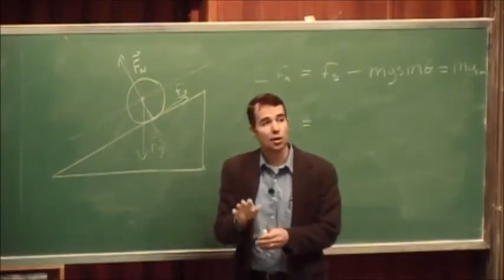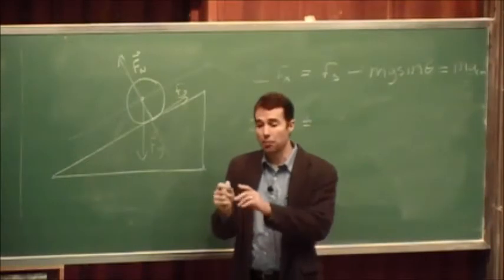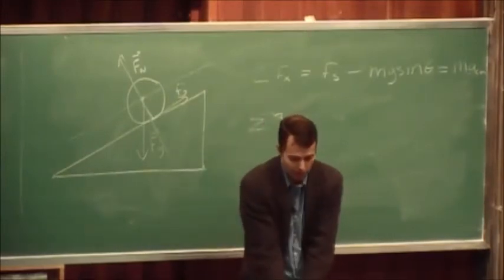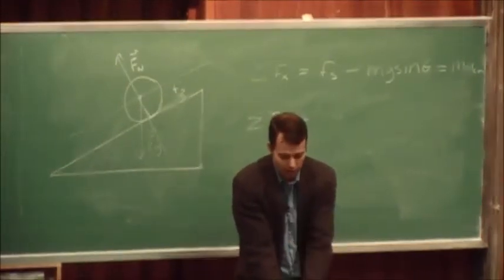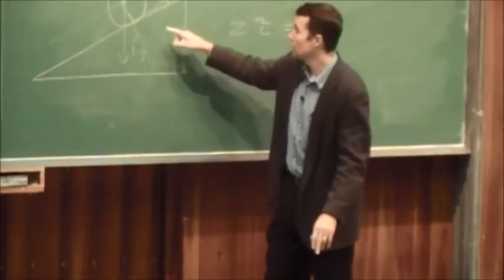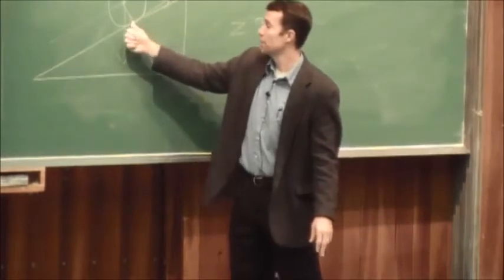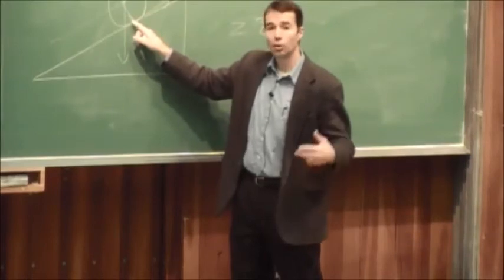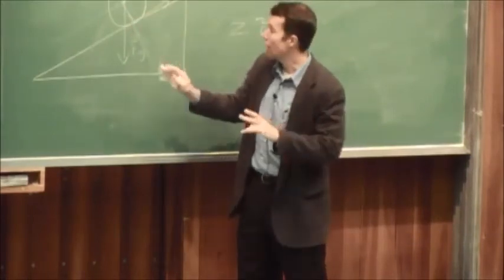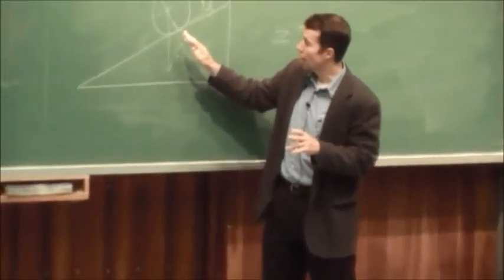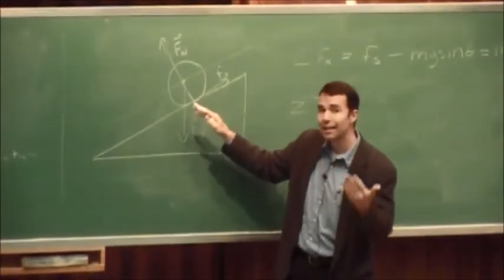So torque is R cross F, right? But if F and R are in the same direction, the torque is 0, right? So if I start pulling on my arm in the direction of my arm, it's not going to make my arm rotate. Only the components that are perpendicular to the radius are going to cause rotation. If something isn't perpendicular to the radius, we would just find a component that is.